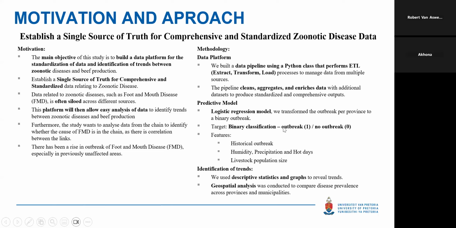For the predictive model, we use a logistic regression, which classifies our outbreaks, and it's using variables such as humidity, precipitation, and hot days. And for identification of trends, we use descriptive statistics, and we show those in graphs that we are using in our interactive dashboards. We also use geospatial analysis to compare different locations in terms of disease prevalence.